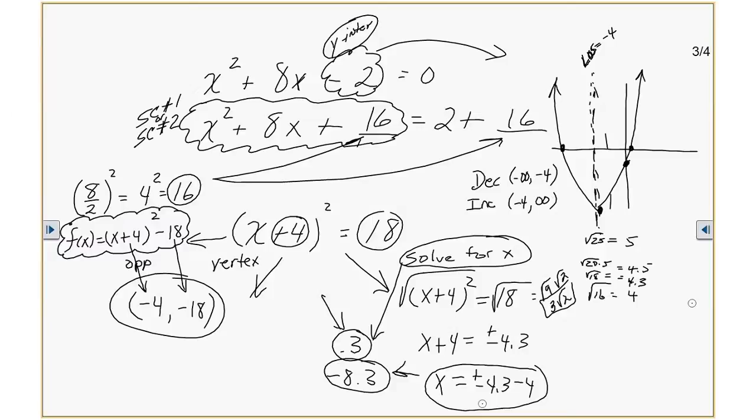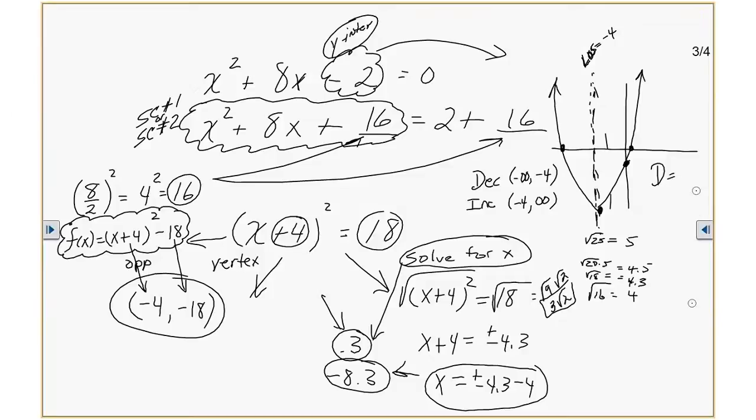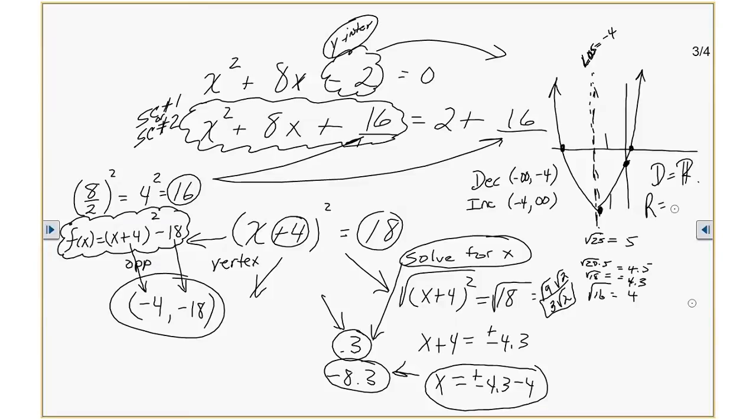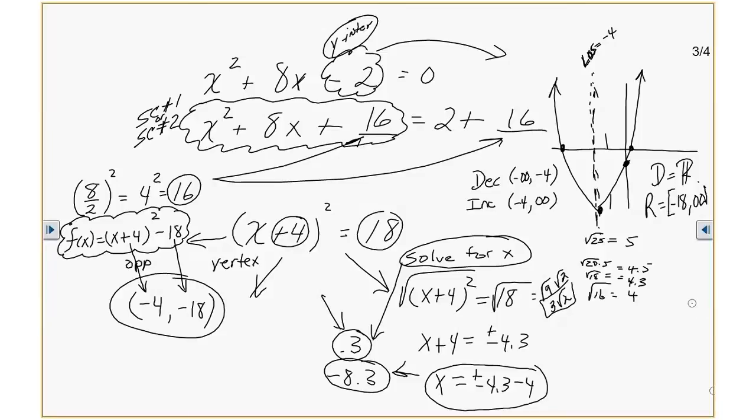And the domain on all quadratics are what? All real numbers. Range is equal to -18 to infinity. Now you just have to use your imagination right there. -18 to infinity.